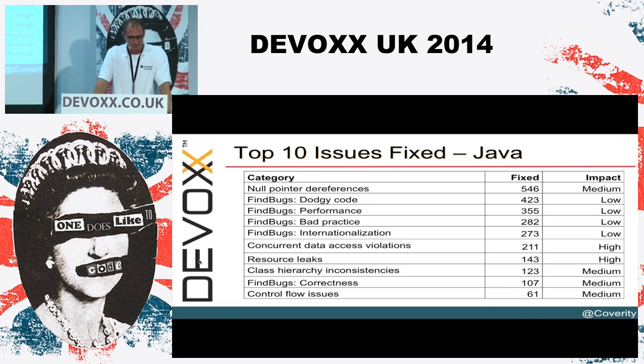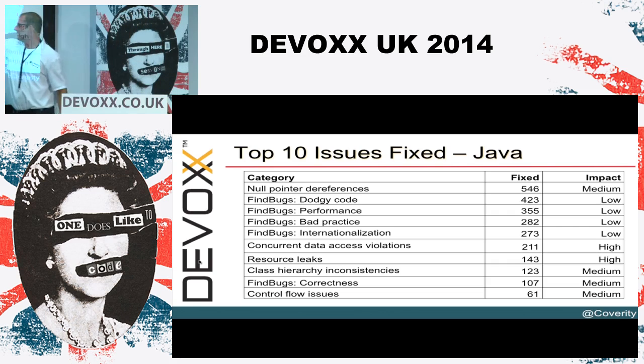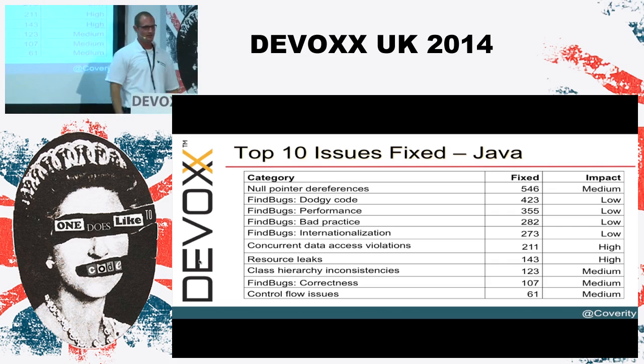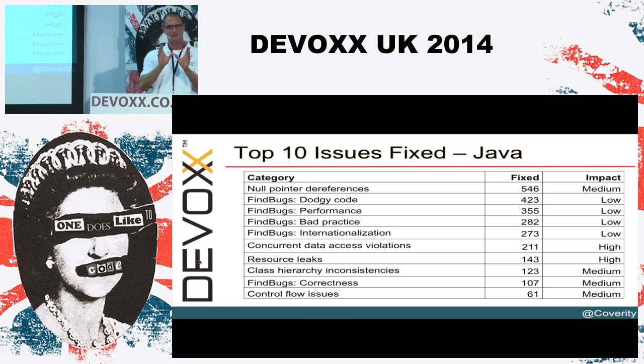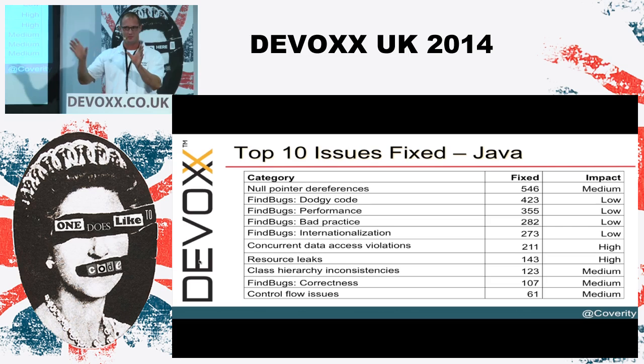Now, my favorite checker category, actually my least favorite defect type, are concurrency defects. That's these concurrent data access violations, right? The idea where I have some data that should be synchronized, except when I forget to synchronize around it. There have been some talks this week, I think, on concurrent programming in Java. Java continues to make concurrent programming even easier, or in my opinion, seem easier.